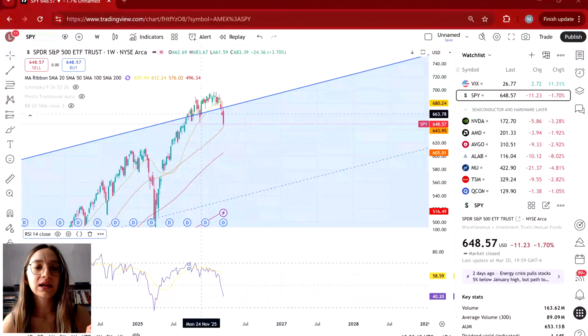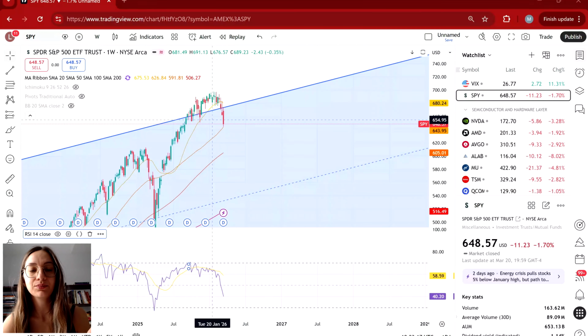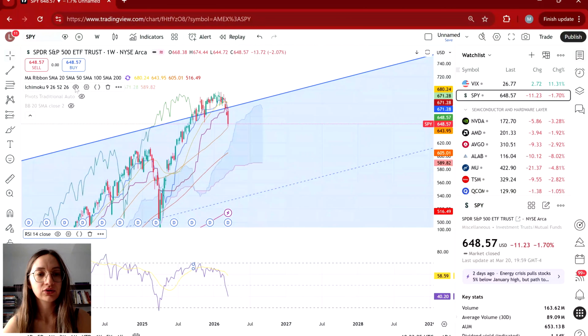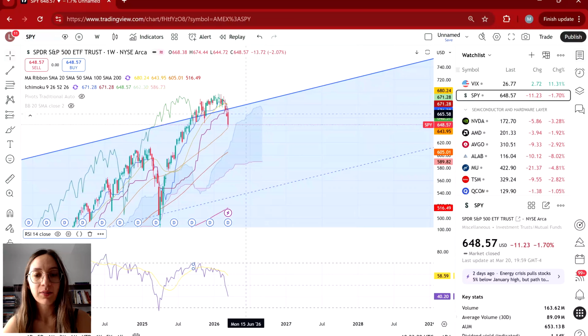Other than the November action, we're now seeing a healthy but painful mean reversion back into the channel. For the Ichimoku Cloud, the cloud still remains green and price is trading above this green cloud, which is our long-term bullish anchor for this bull market.